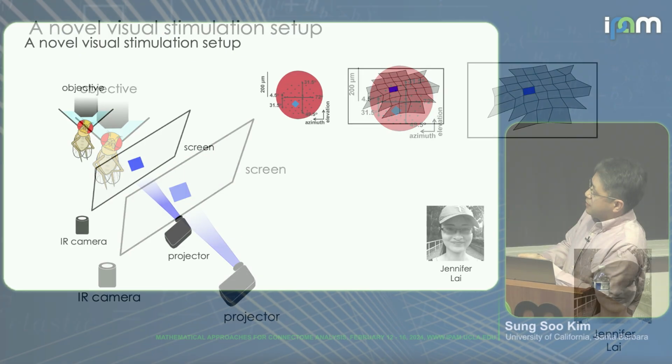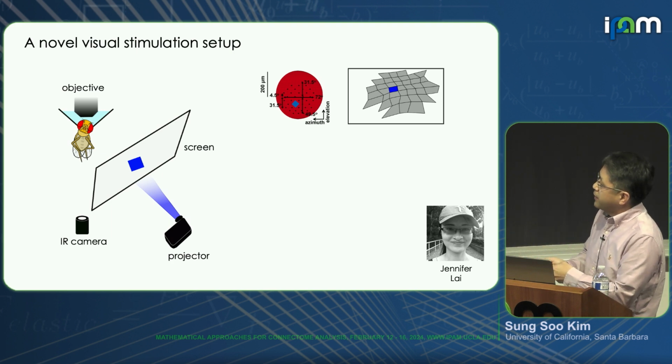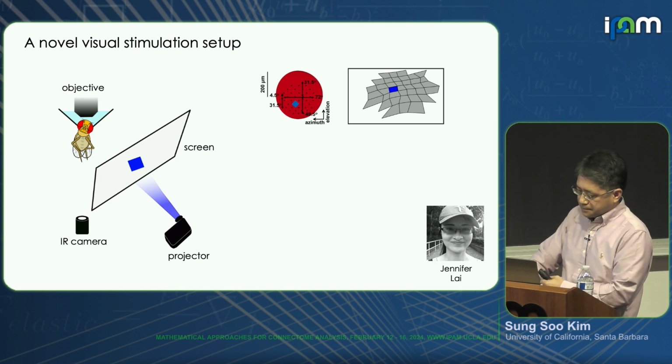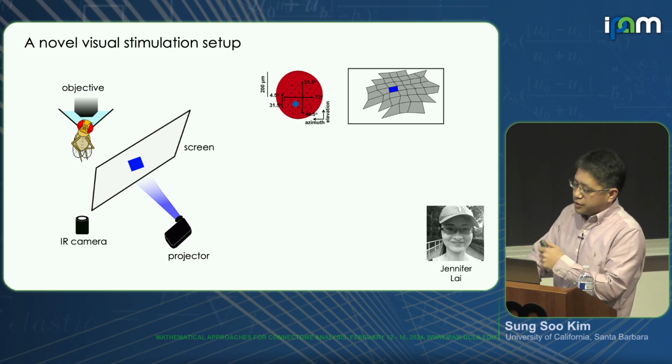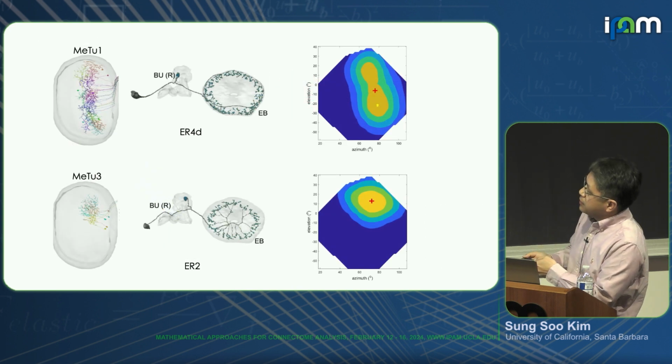So Jennifer simply tilted the head to expose more of the eye. And we used a projector-based screen to stimulate a larger area of the eye. And this is the stimulation profile viewed from the fly. And this is the projected stimulation on the screen. So this plot shows the results.